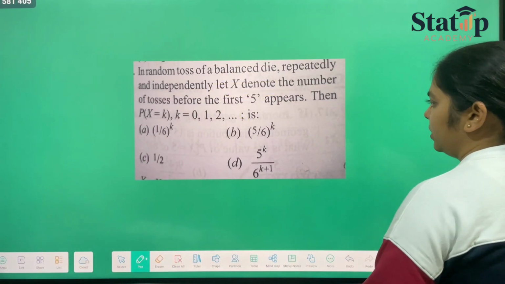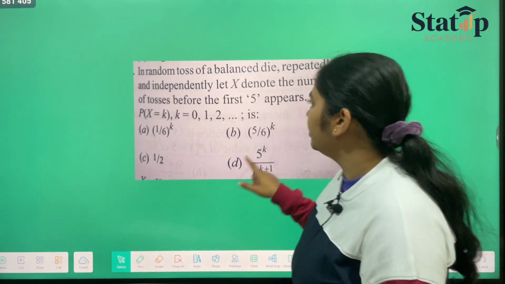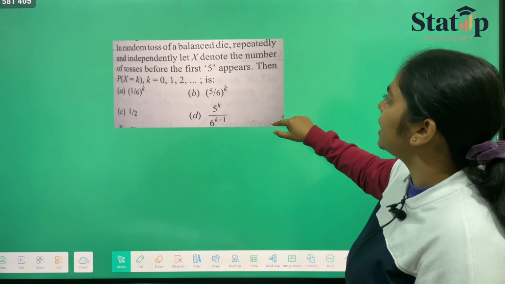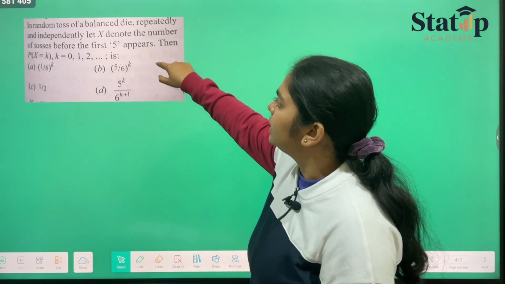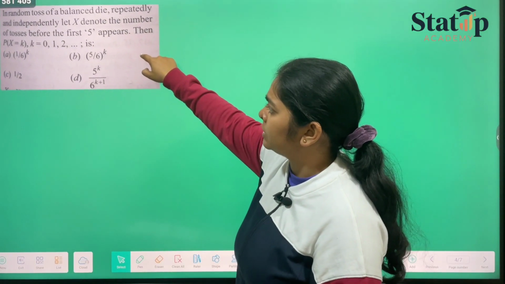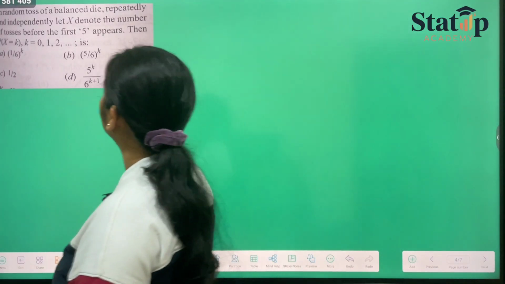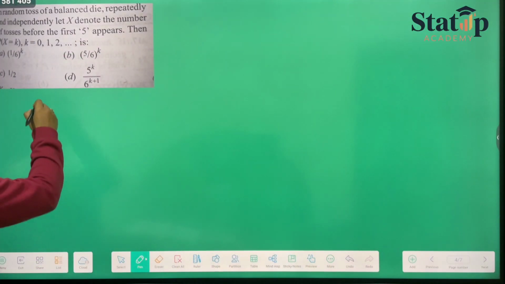Now moving forward to another question. Here they have given us a random toss of a balanced die repeatedly and independently. Let X denote the number of tosses before the first 5 appears. Then probability of X equals to this.